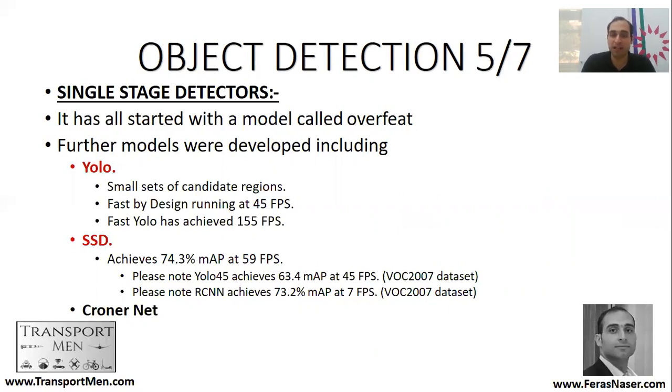And that happened at 59 frames per second. So it managed to beat models like YOLO and RCNN in terms of quality and in terms of speed. And there is a new model, CornerNet.